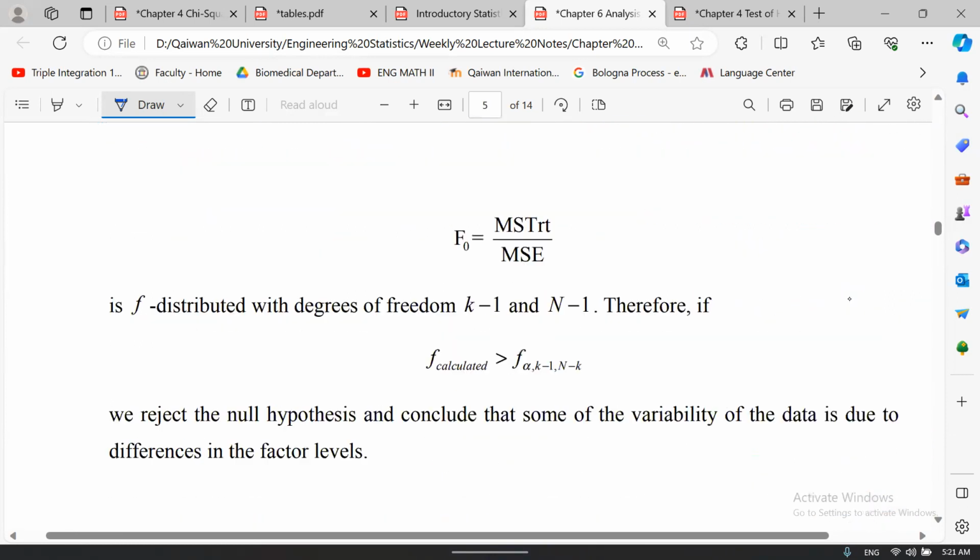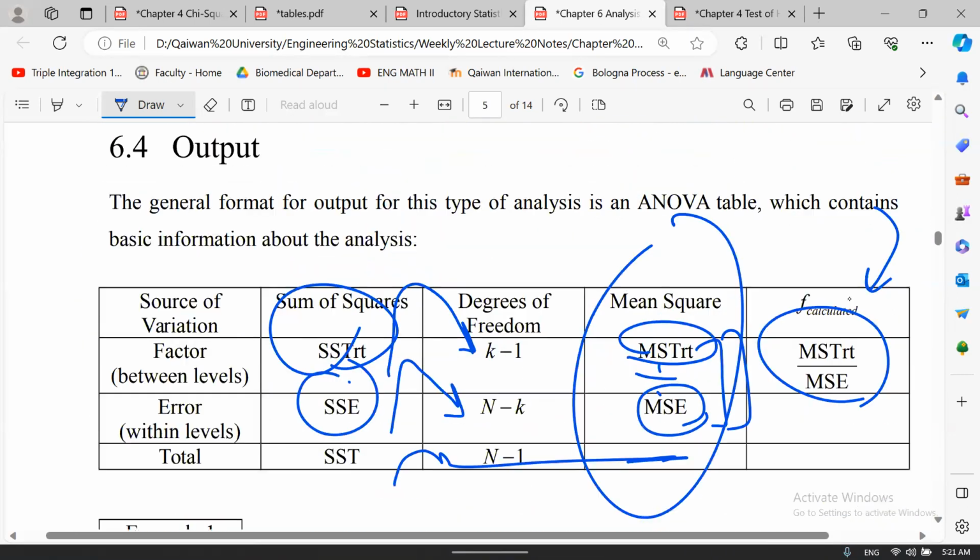So now we have these three values. Then these degrees of freedom could be obtained from the given data. It depends on the number of data and number of columns. K is the number of columns, and N is the number of data that we have in the table.